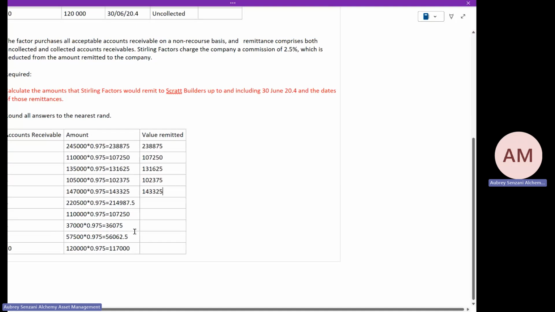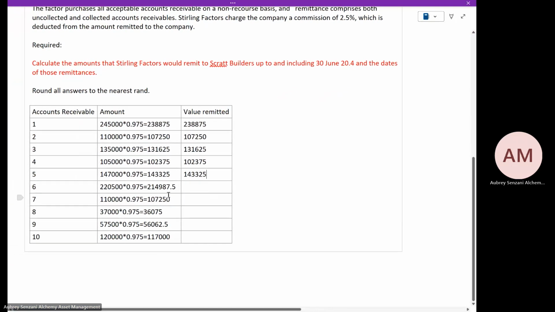Okay, so I'm sure we're getting the point, right? So that is all that we really needed to do over there. Can you see something interesting? They said calculate the amounts. So they didn't want us to calculate the total amount that's going to be remitted in relation to all of the debtors.